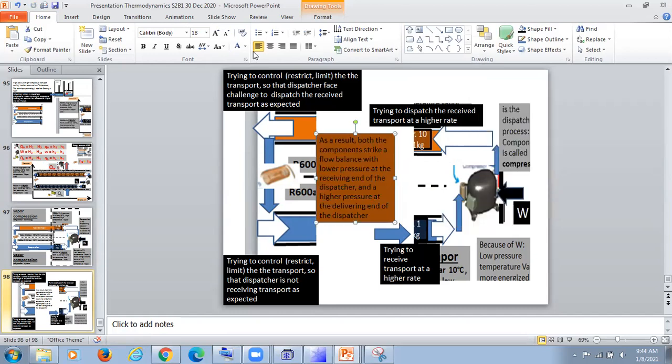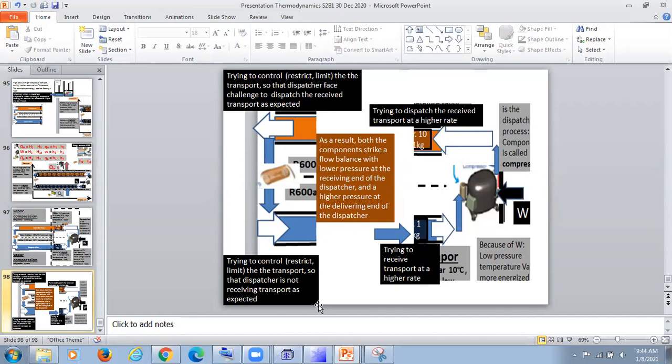As a result, one side is low pressure, the other side is high pressure. The 2 components responsible, of course the dispatcher is there, but the control device or the metering device makes these high and low pressures together with this dispatcher.